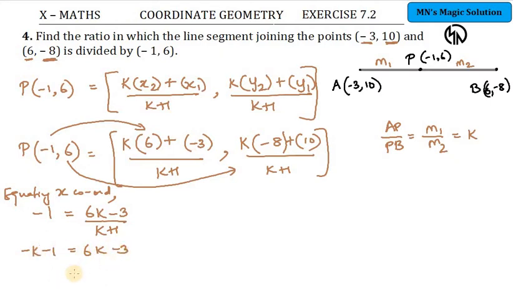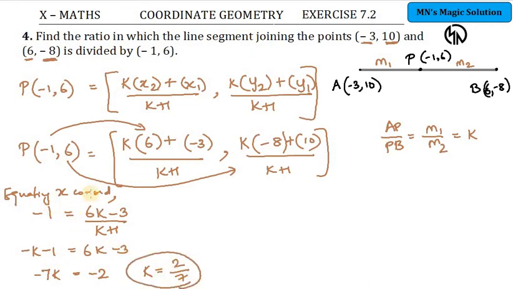When you take 6k to the other side, you get -7k. On this side plus 1 gets added, so you get -2. So the answer over here, what do we get? K is equal to 2 by 7. Because the minus cancels, 7 goes to the other side, you get the value of K to be 2 by 7.